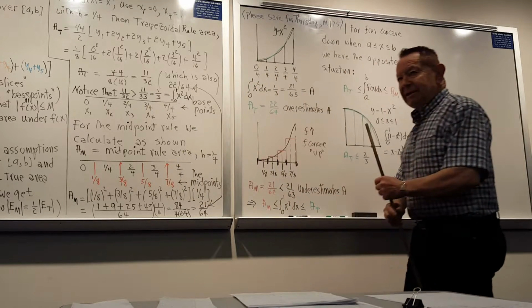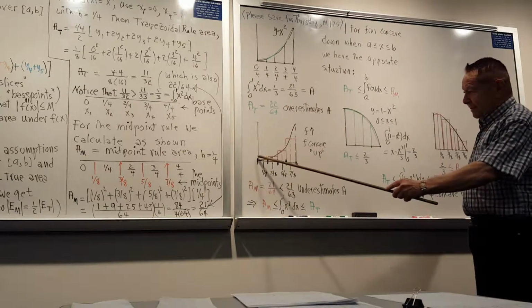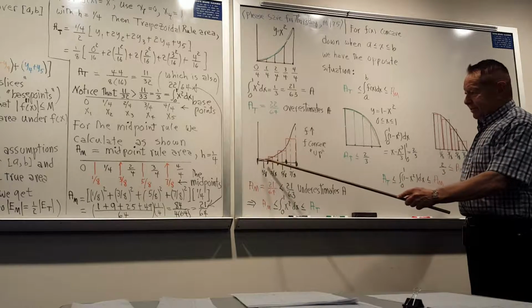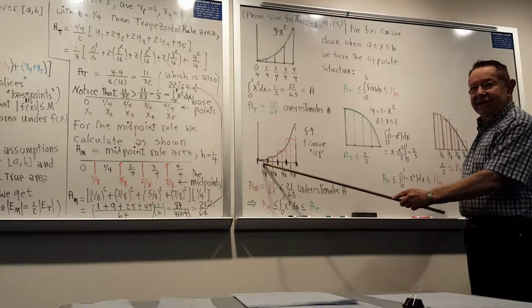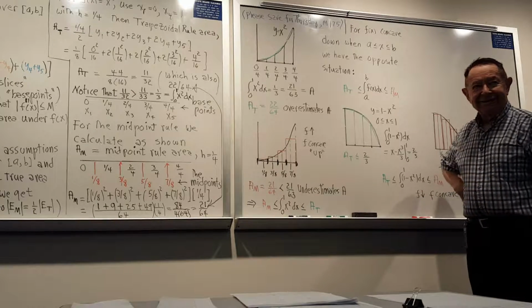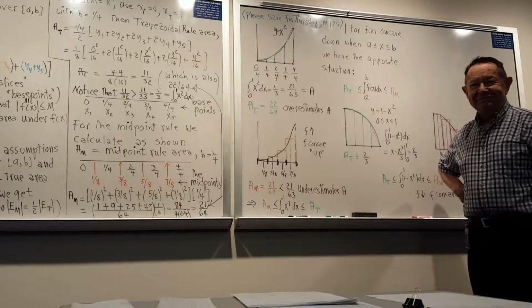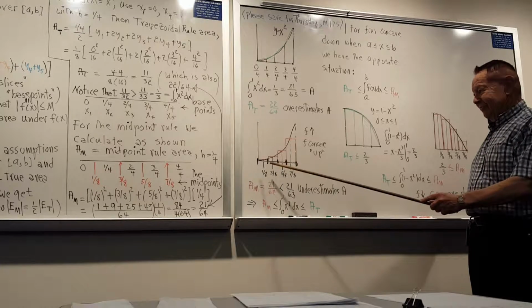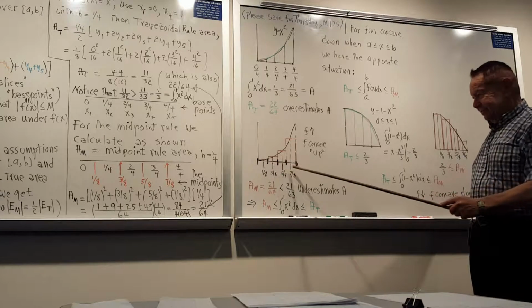Then you take the midpoints between these in pairs. So if that's 0 and that's a quarter, the midpoint's an eighth, right? Even this early in the morning. And between a quarter and a half, the midpoint's 3/8, and so on.